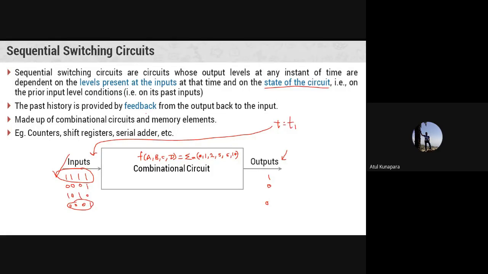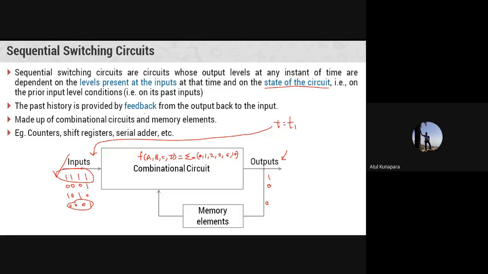So to keep a record of what the output was prior to this input combination coming, there is a need for a memory unit. That's why a sequential logic circuit is a combination of two things, a combinational circuit as well as a memory element.